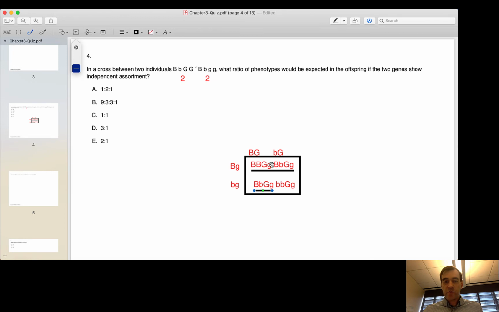So big B will be the same as big B, little b, and then these 3 also share the same phenotype for the big G, little g. This individual will have a different phenotype because he is homozygous for the recessive b alleles. And so the answer to this question should be D, 3 to 1.